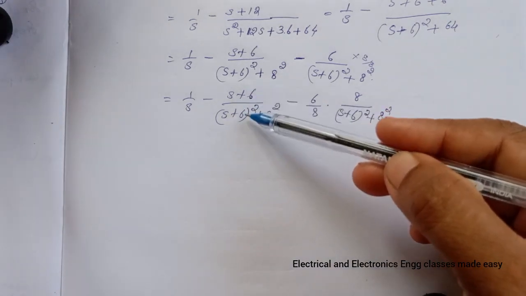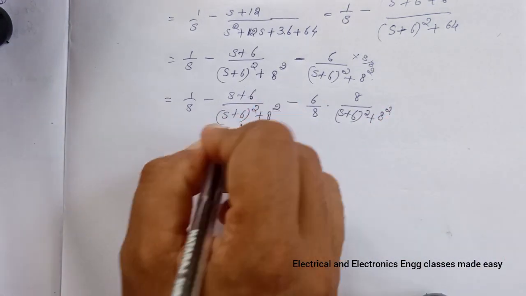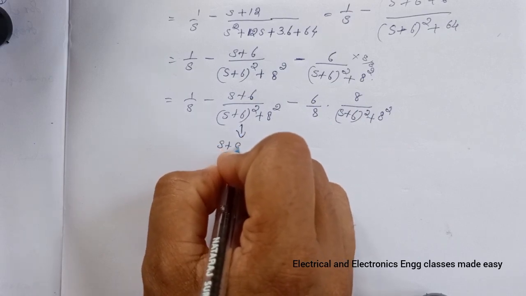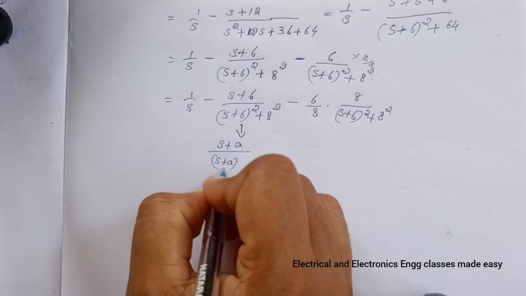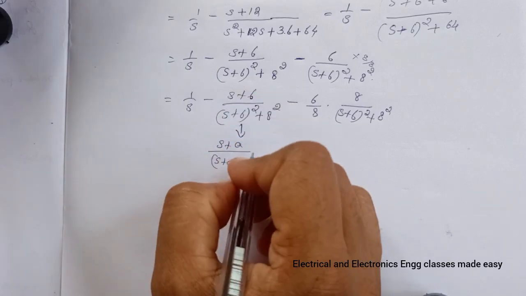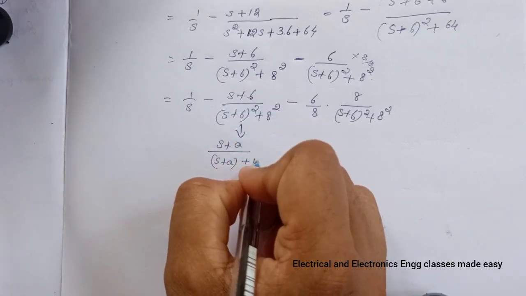And this is in the form of (s plus a) divided by (s plus a) whole square plus omega square.